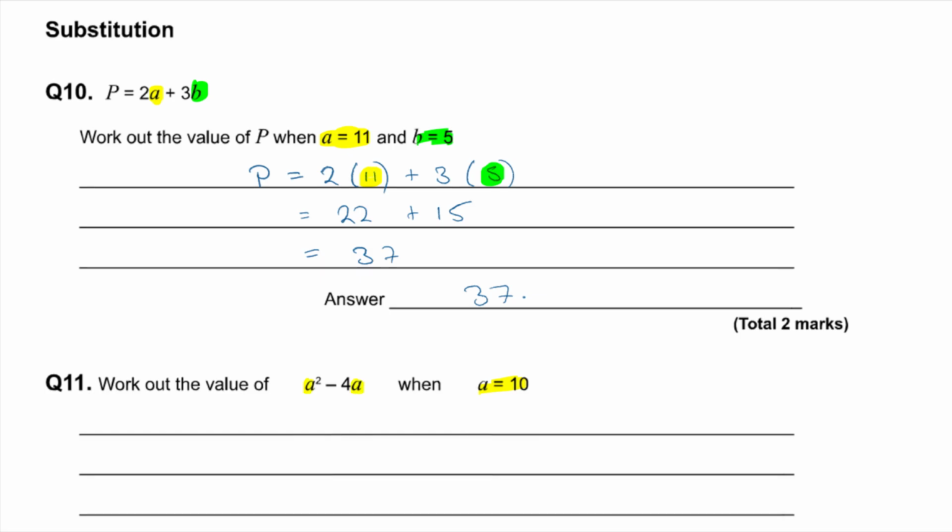So first, A squared becomes 10 squared minus 4 lots of 10. Okay, so replacing the A in the A squared and replacing the A in the 4A gives me that. Okay, then let's just deal with what we've got. So 10 squared, that's 100, and then minus 4 lots of 10, that's 40, and 100 minus 40, that's 60. So that's my final answer, 60.